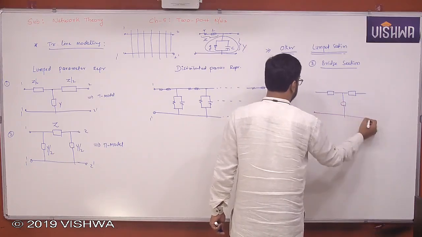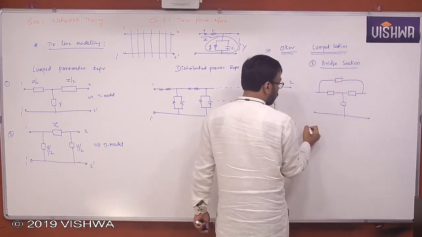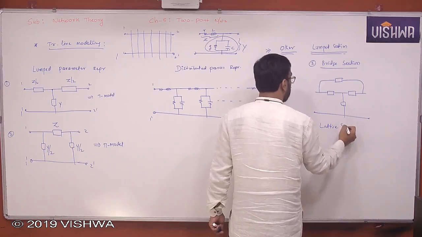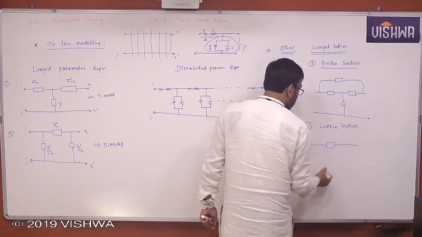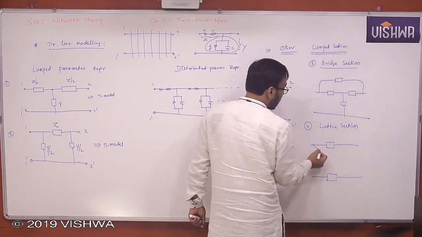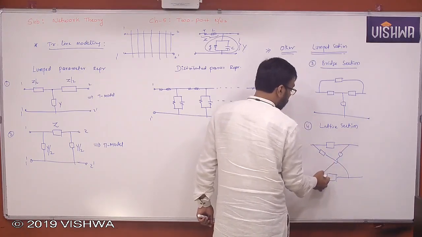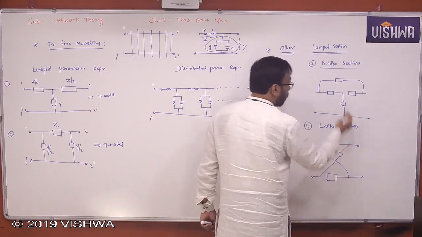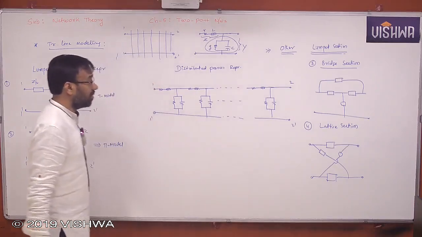You also use the lattice section or lattice model. This is also a lumped parameter representation. You generally use the lattice section in communication systems or else in filters or attenuators, as with the bridge section. Understand, all of you, okay?